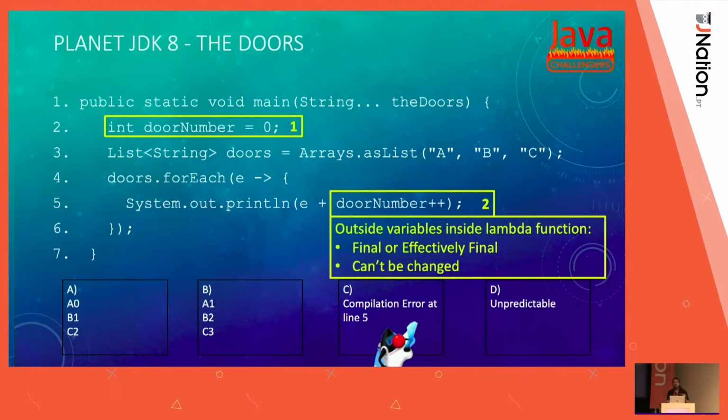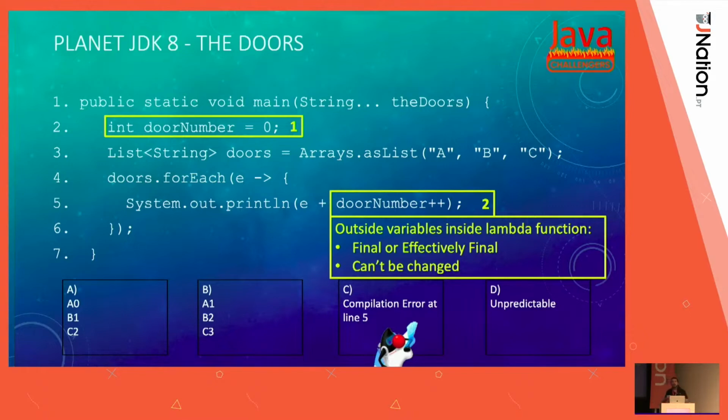So if we don't change an external variable inside the lambda expression, it's okay. Like if we didn't have this doorNumber plus plus, it would be okay. This code would compile fine. So basically, just remember that by essence, in a lambda, we shouldn't change external data.